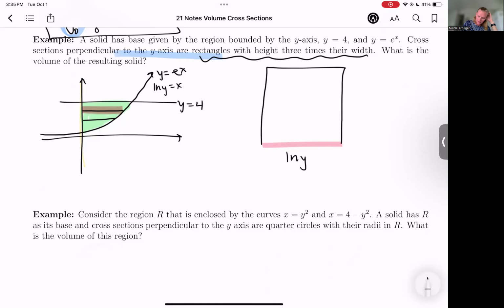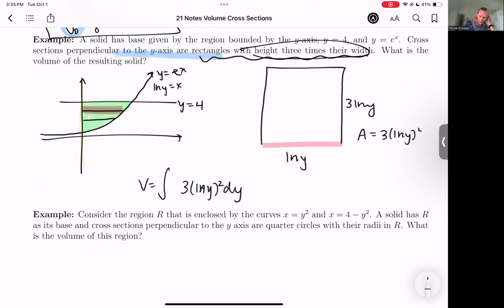And so this tells us that the height is 3 times the width, so the height of this rectangle is 3 ln of y. The area of a single rectangle will be length times width, so that will be 3 ln of y quantity squared. So the volume of the solid will be the integral of those areas, 3 ln of y squared dy.